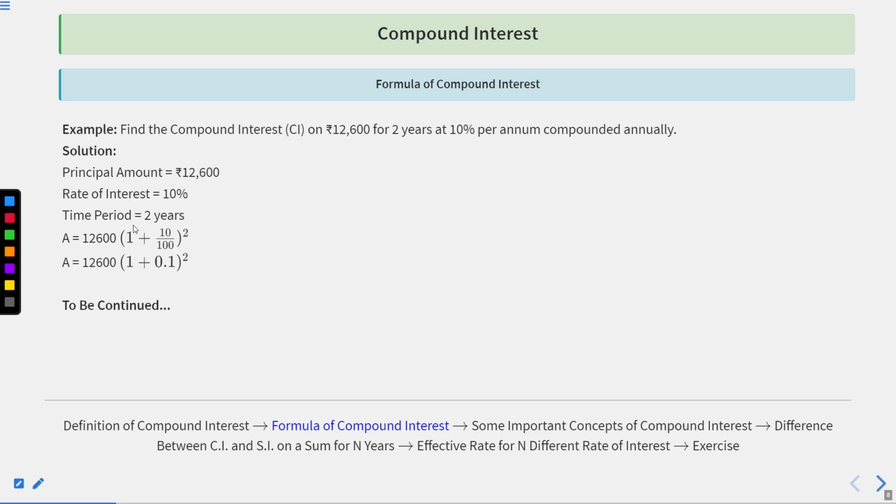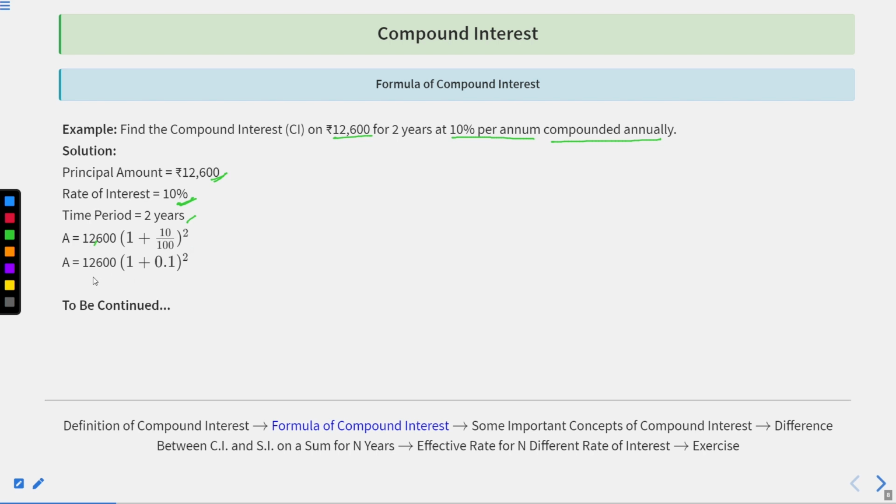Second example: find the compound interest on 12,600 for 2 years at 10% per annum compounded annually. So the principal amount is 12,600 and the rate of interest is 10%. The time period is 2 years. So amount will be equal to 12,600 into (1 plus 10 upon 100) whole square.